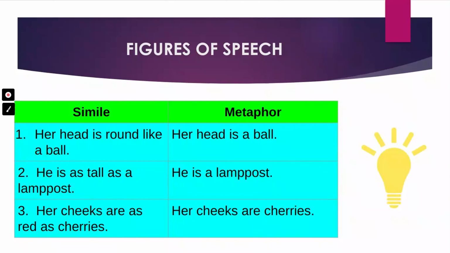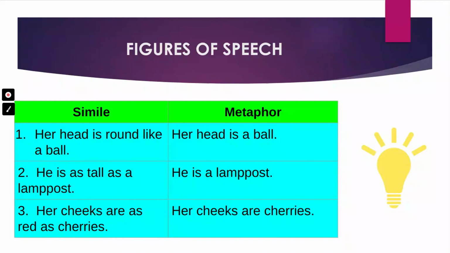Number 3, the simile says, her cheeks are as red as cherries. The metaphor says, her cheeks are cherries. So what you need to understand is that the simile and the metaphor are similar in terms of function in that they both make comparisons between two unlike things, two things that are different.